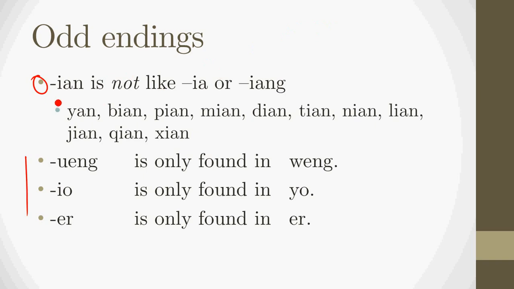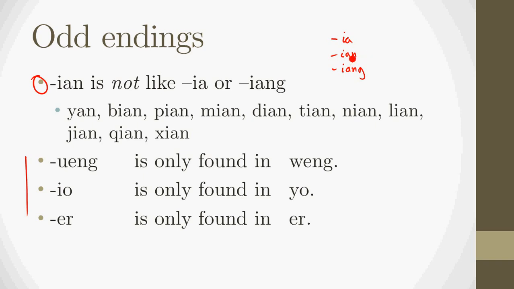The ending IAN is not like the ending IA or IANG. The way you read this is yen, even though this one is ya and yang. Okay, so ya, yen, yang. You'd want to think that this is pronounced yan, but it's not.